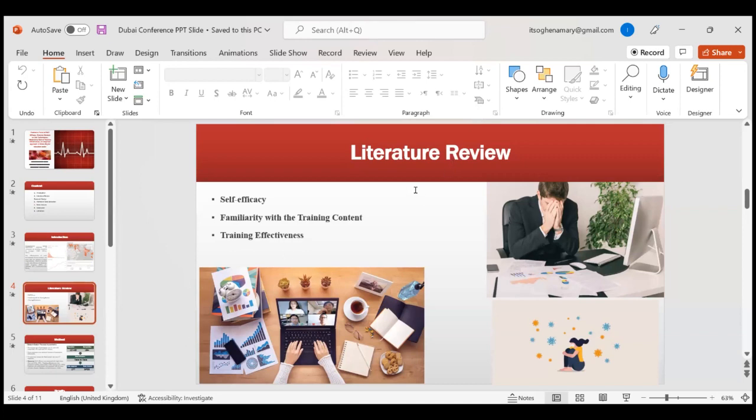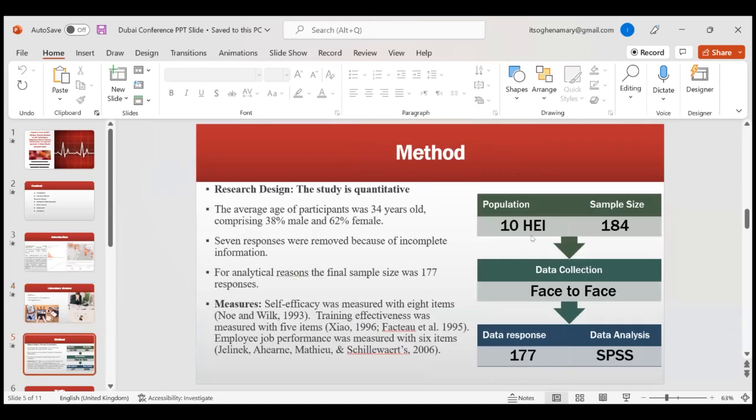Then when we look at the methodology, this study is quantitative. The population was 10 higher education institutions in Oman.